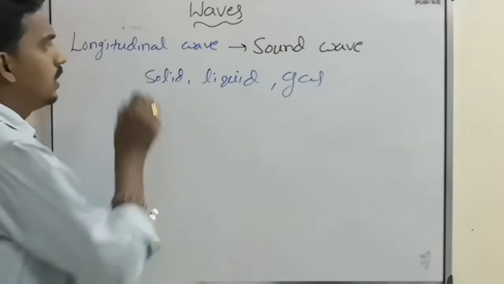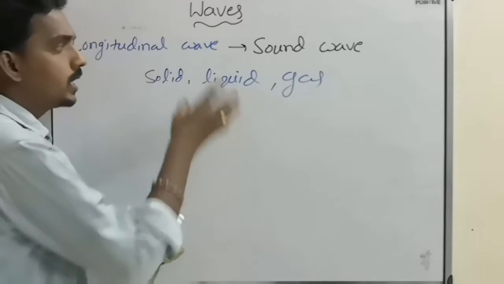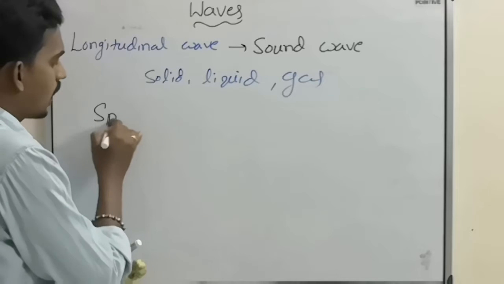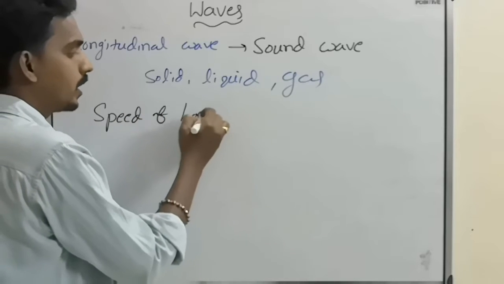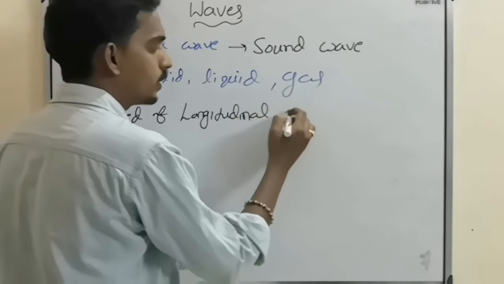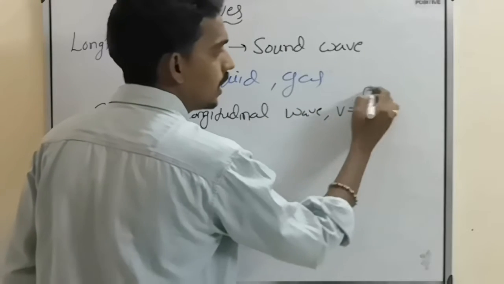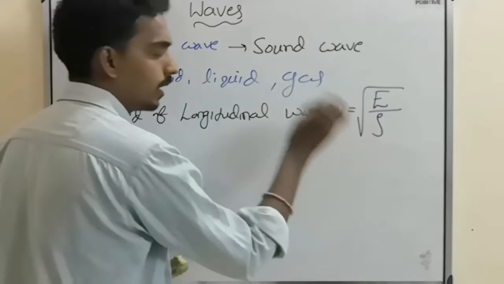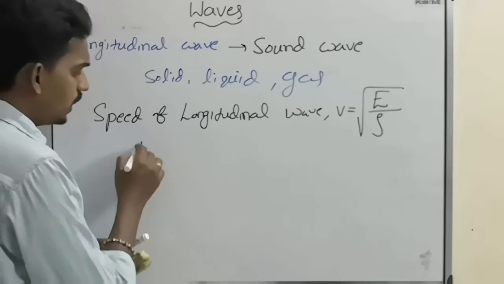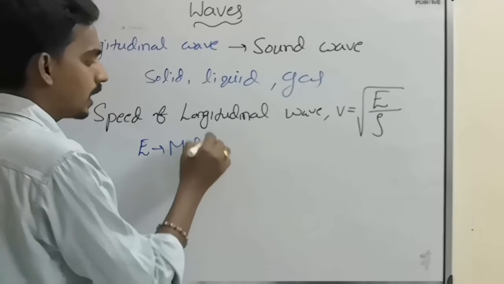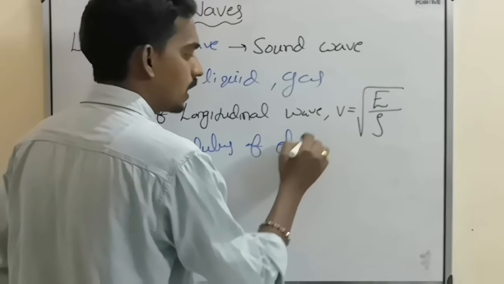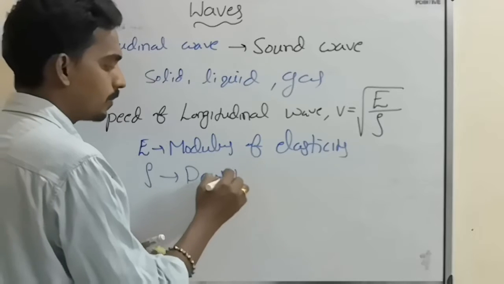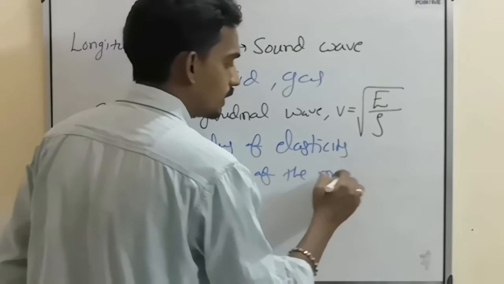So for such a wave, a longitudinal wave or sound wave, what is the speed in any of these media? The formula for the speed of a longitudinal wave is given by the square root of E by rho, where E is the modulus of elasticity and rho is the density of the medium.